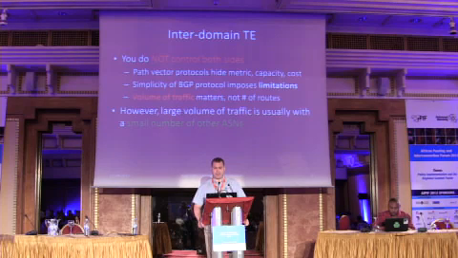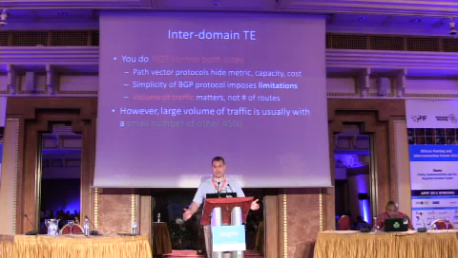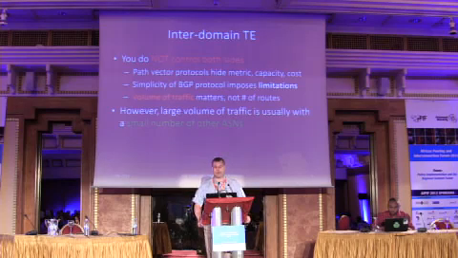And the protocol we use to manage this, BGP, hides information about how much capacity is on the link and how much the link costs. So if you just simply configure BGP sessions with your neighbours and don't tune the performance or overlay your expectations, you may find that your network is not working as you expect.